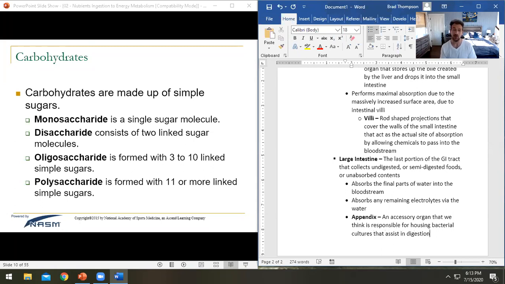Any final digestion that takes place in the large intestine is because of all of your gut bacteria. That's one of the reasons why it's so healthy to eat fermented foods like kombucha and yogurt and kimchi. The reason that stuff is considered so healthy is because you're eating a large amount of bacteria, and that bacteria can actually assist in breaking down foods.